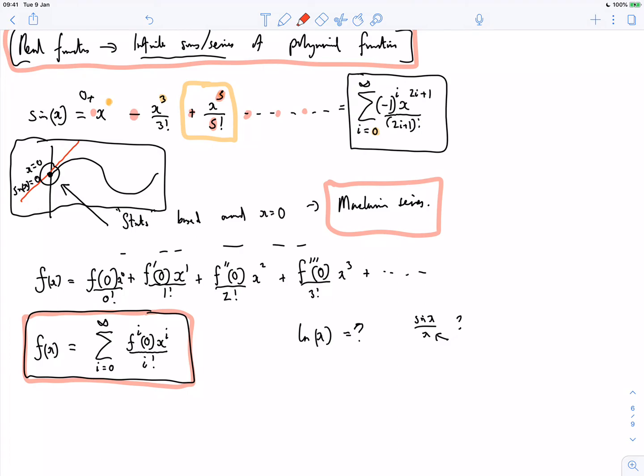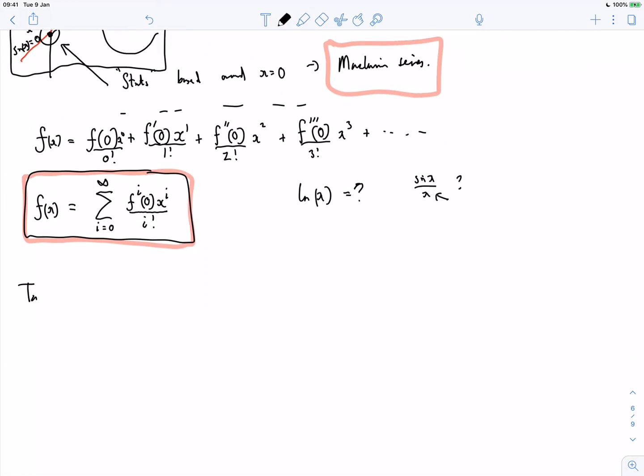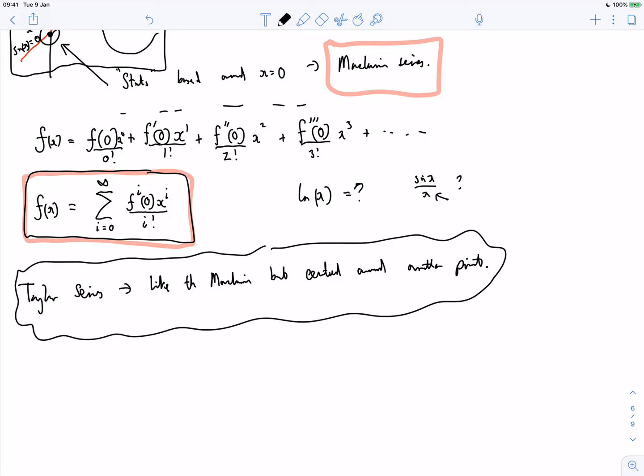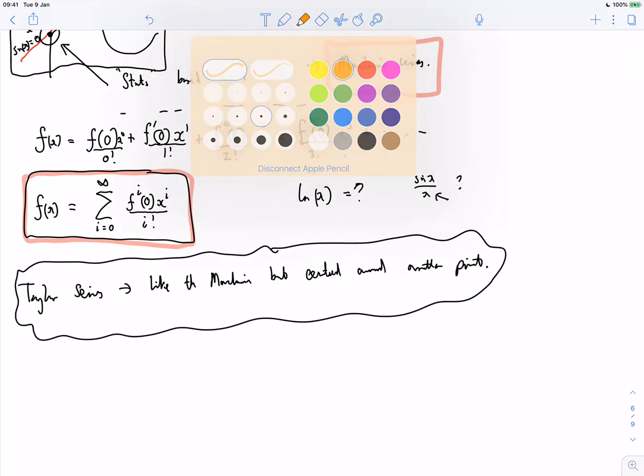What we do is we say that the Taylor series, that's another key point, is like the Maclaurin, but centered around another point. We can choose any other point we want, and it's going to give us a different Taylor series depending on the point. This is super duper critical, right?